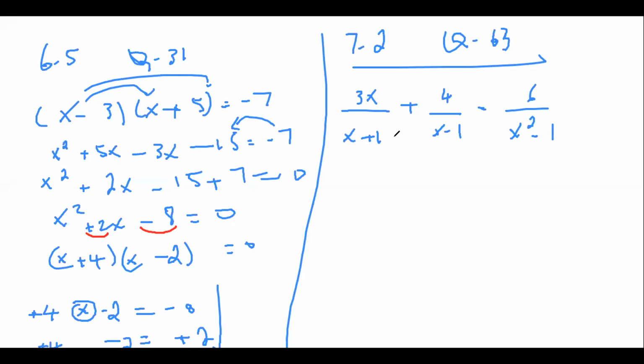When you add or subtract fractions, what's the first thing you check? The denominator. It must be the same. But here we have different denominators: x plus 1, x minus 1, x to the second minus 1. So we're going to try to make them all the same.